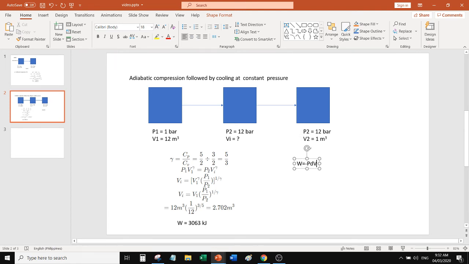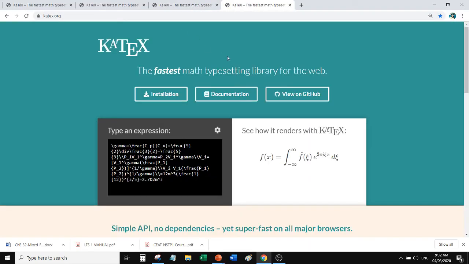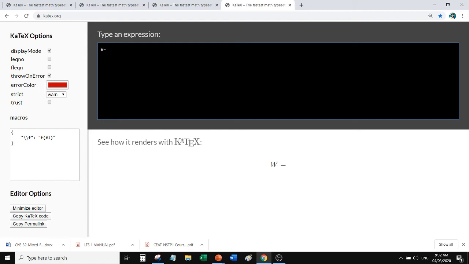Okay, so integrating that is just P times delta V. So this is the integral of negative P dV.